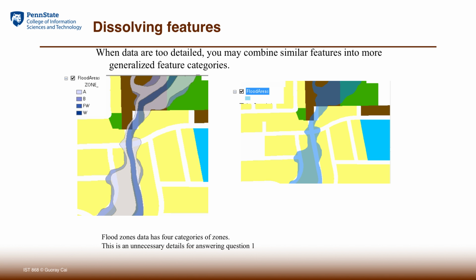One of the pre-processing steps before we do overlay analysis is called dissolving features. This dissolving function deals with a case where your data is too detailed, maybe has a more refined category than you need. For example, we are interested in figuring out the parcels within or outside of this flood area.